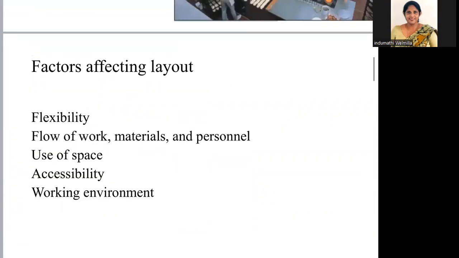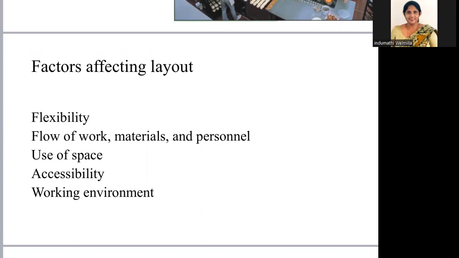As the first factor, we can identify flexibility. What does flexibility mean? Flexibility means the extent to which we can move or change something easily.